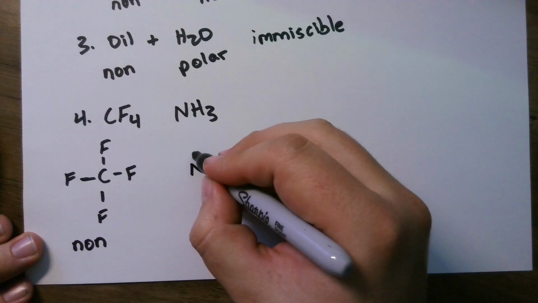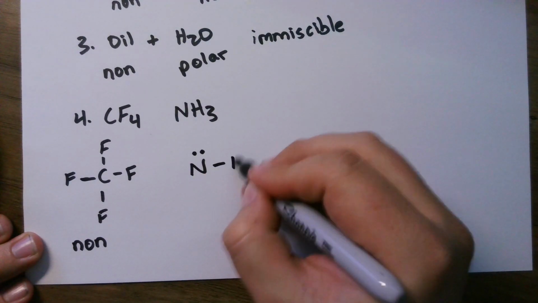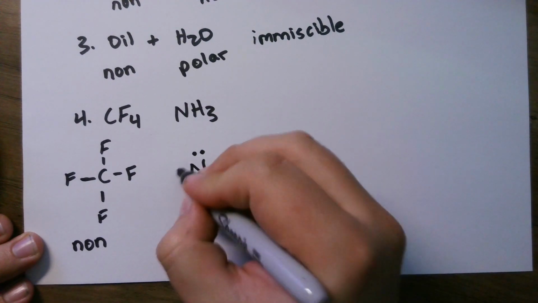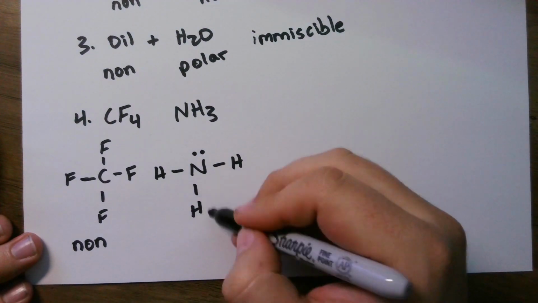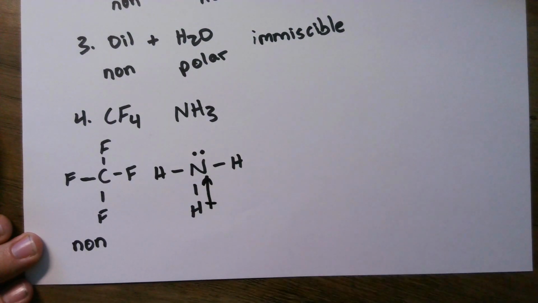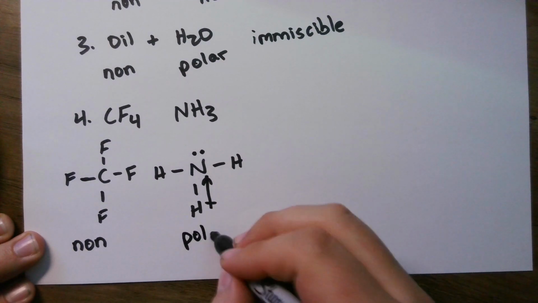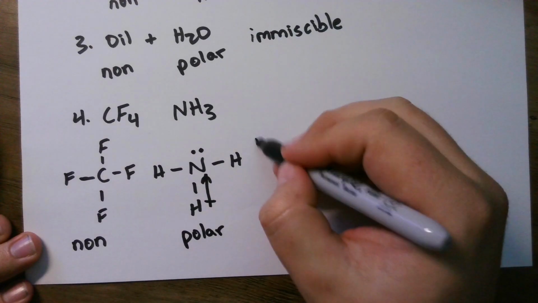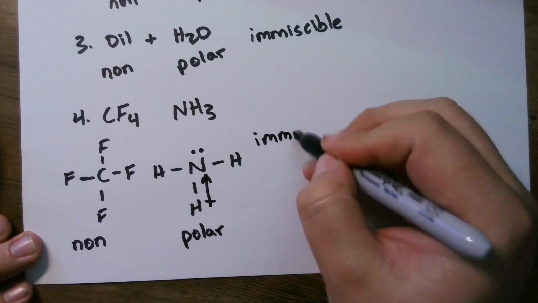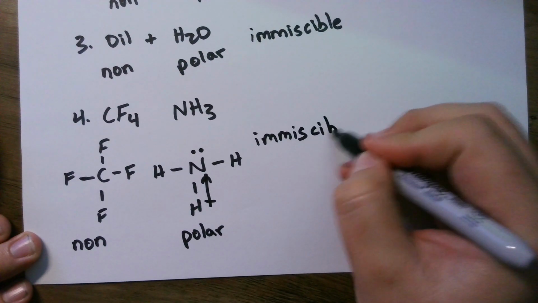NH3, however, is bonded to 4 things as well, but one of them's a lone pair. Because of that, this one actually has a dipole moment pointing up, and it is polar. So again, I have one of each. So I'm expecting if I mix these 2 liquids, they should not mix as far as I know. So I'm going to call them immiscible as well.